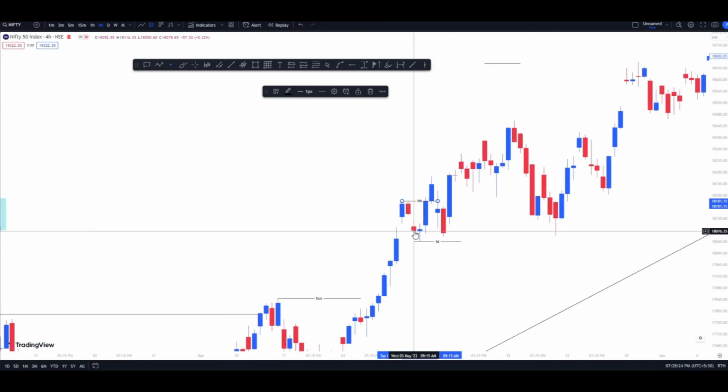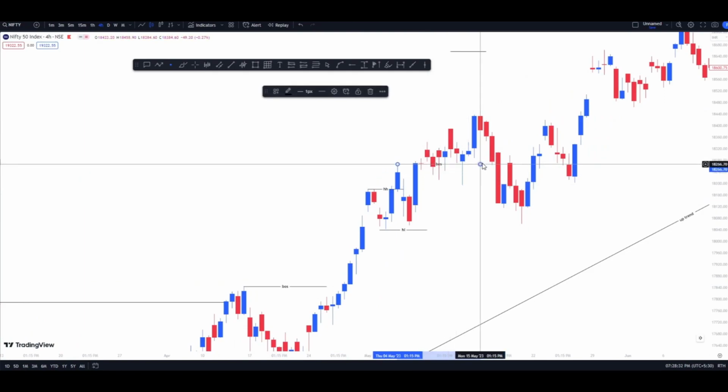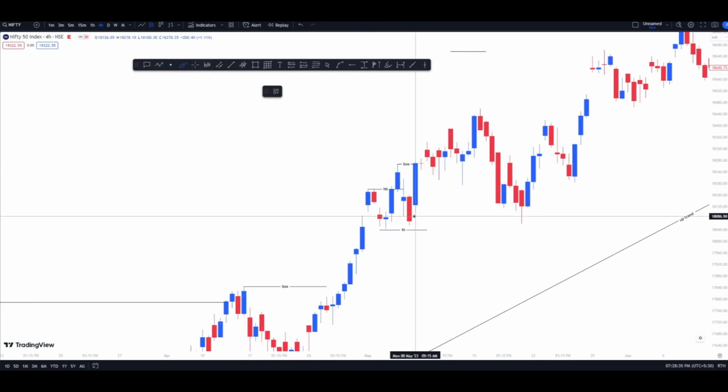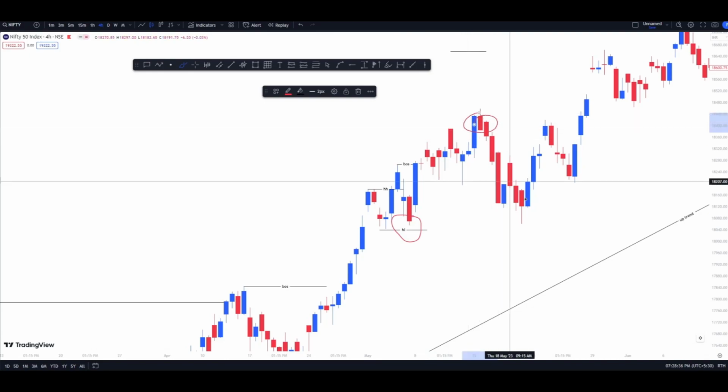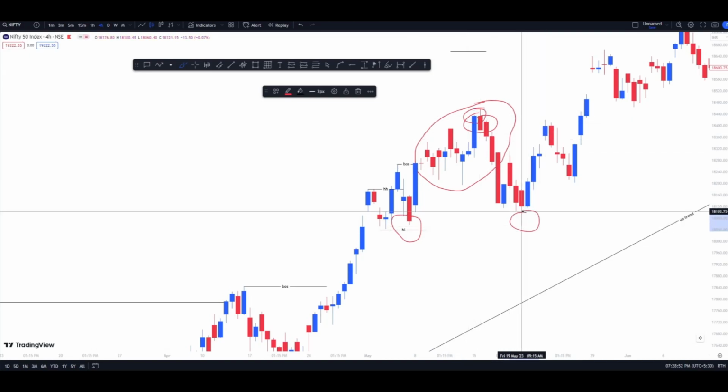All right, so here we have another break of structure making a new higher high. And again we have a break of structure here, higher low, higher high. Then again here I won't consider this as a break of structure, this is just inducement. We'll talk about that in the liquidity section. Then price made a new higher high and then a higher low.